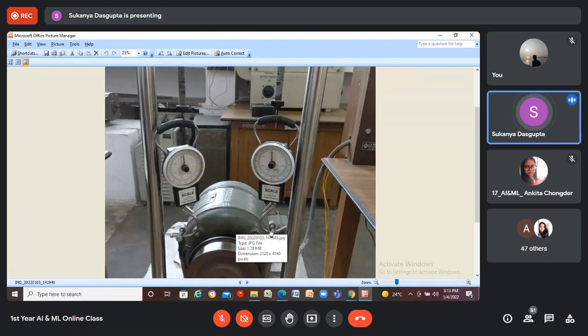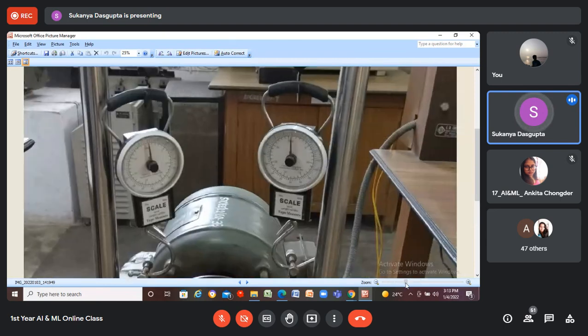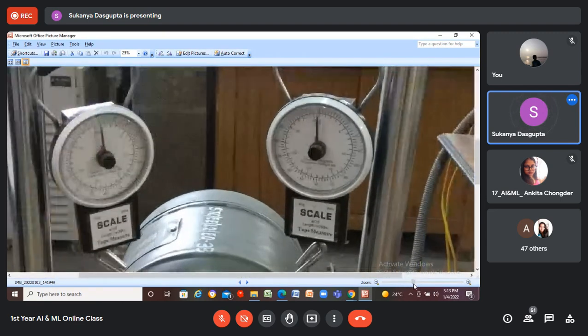Now look at this spring balance system carefully. The inside diameter will be used here as scale. The pointer, the scale, is indicating the exact zero value. That means 0 kg. When these two pointers are indicating zero value, that means no load is applied here.